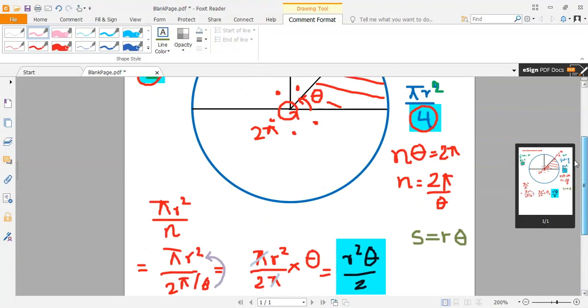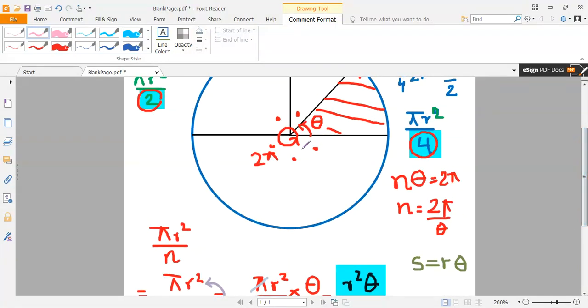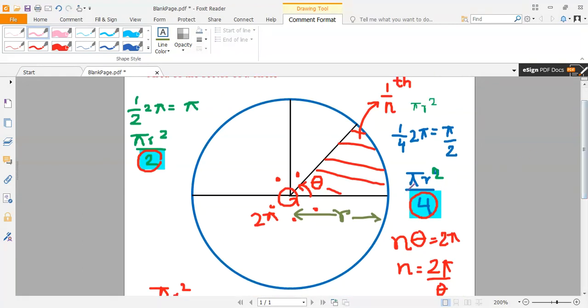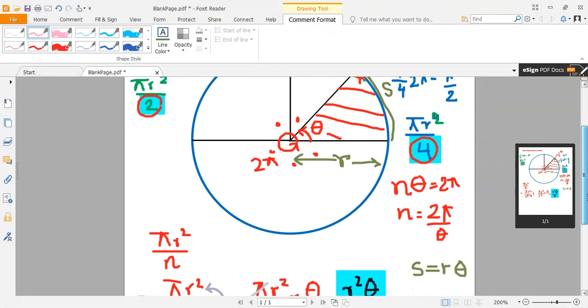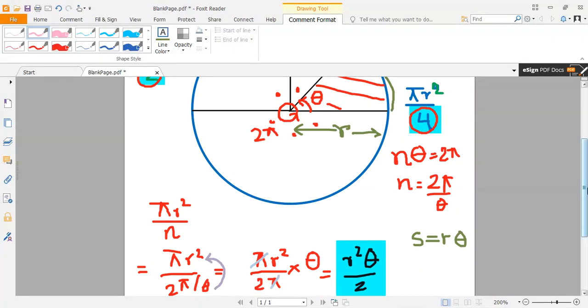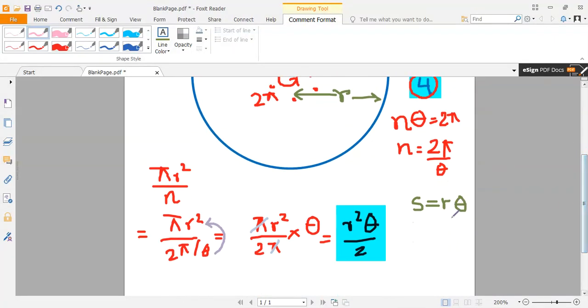Let's say you have an angle theta, and this is the radius of a circle, r. If the length of this arc of the circle is s, then we have s equal to r theta.